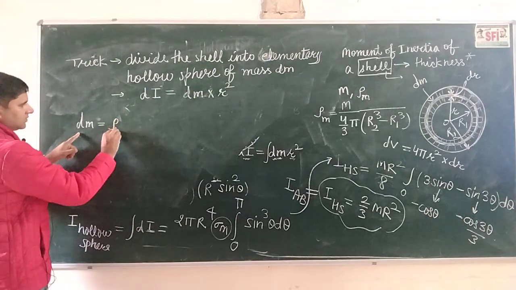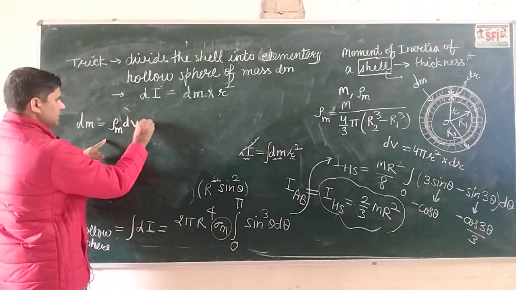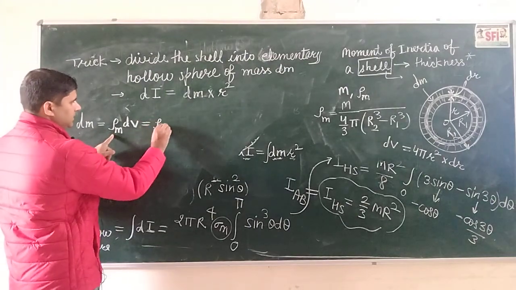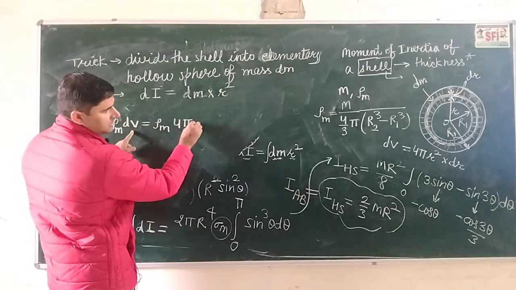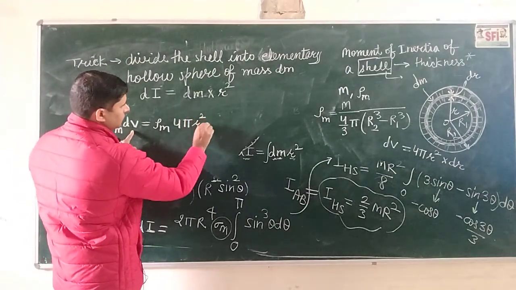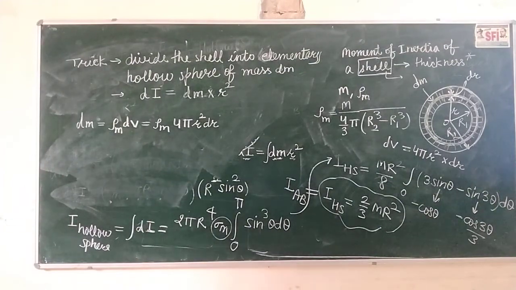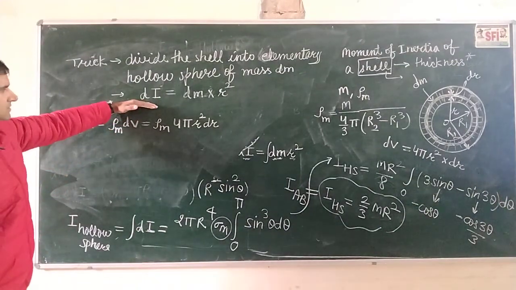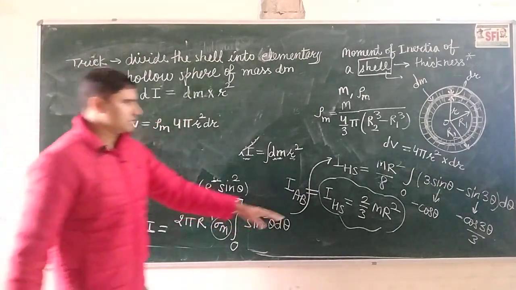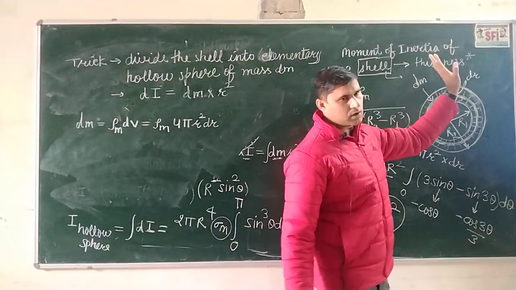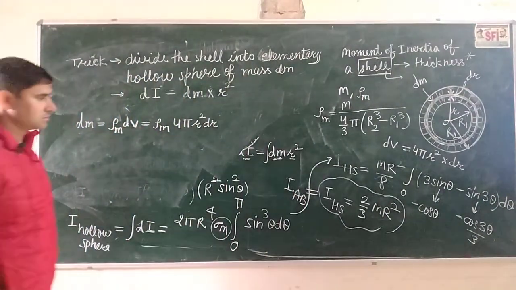So it will be rho m into dV, where dV is 4 pi r square into dr. Okay, now you have to simplify it. You have to integrate this relation. You have to substitute the value of dm, and integrate it within the limit r1 to r2. Then you will get the moment of inertia.